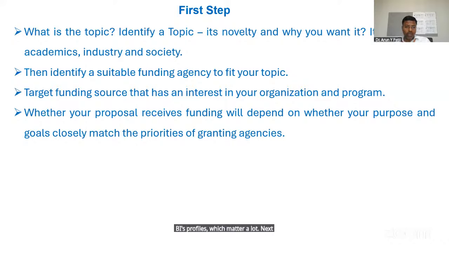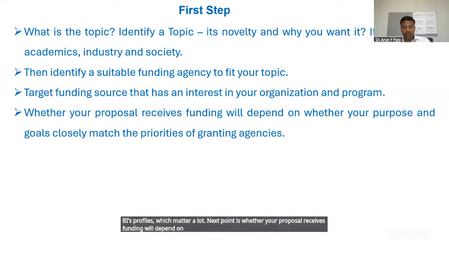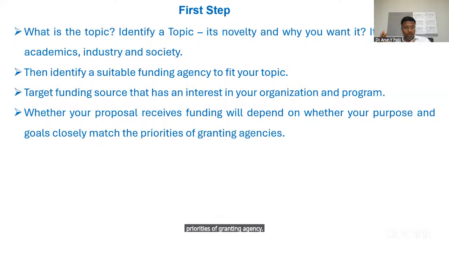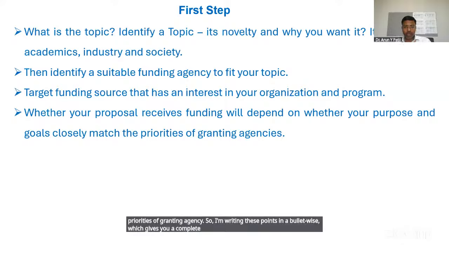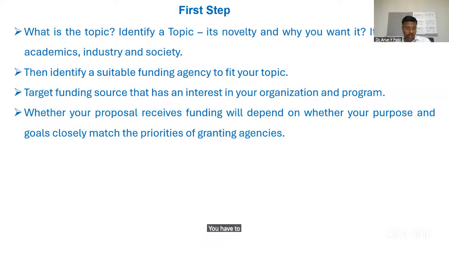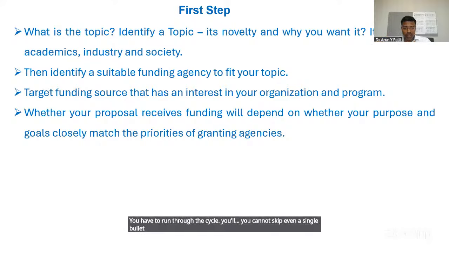Next point is, whether your proposal receives funding will depend on whether your purpose and goals closely match the priorities of the granting agency. I'm writing these points bullet-wise, which gives you complete indicators, like you have to run through the cycle. You cannot skip even a single bullet point under this.